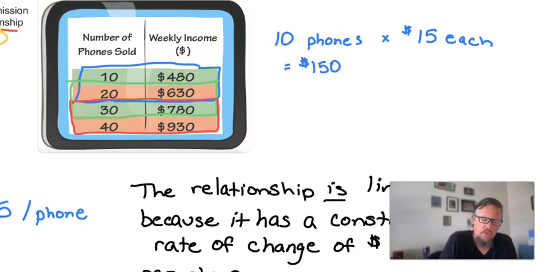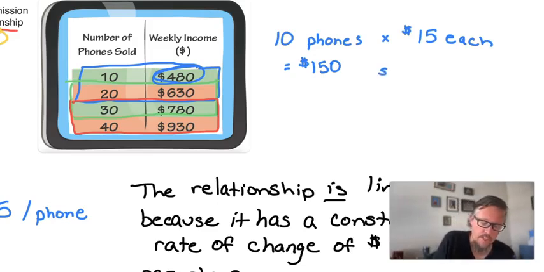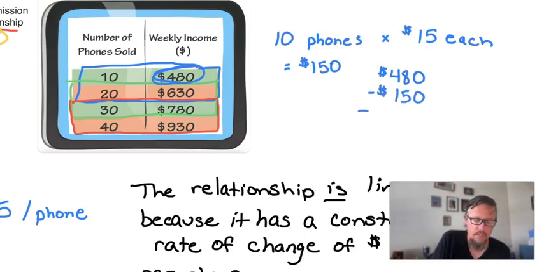So if I just sold those 10 phones, I should have been paid $150, but I wasn't. I was paid $480. So how much more was I paid? That's also a pretty easy math problem. I was paid $480. $150 of that was from the 10 phones that I sold, which means $330 is the initial amount.